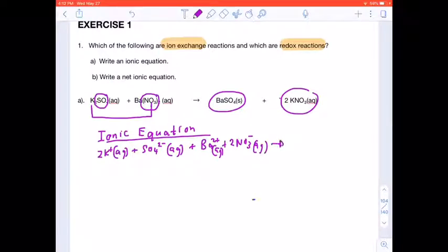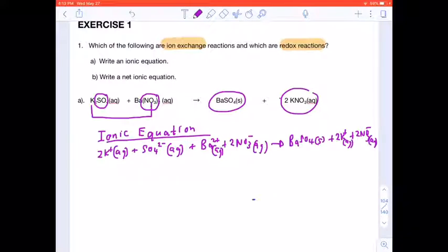And then that gives us BaSO4 which is a solid, plus 2K plus aqueous plus 2NO3 minus aqueous.